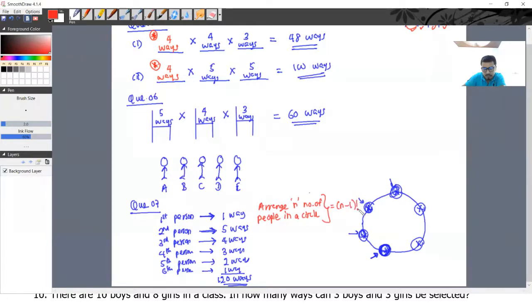If we are going to arrange n number of people in a circle, there should be n minus 1 factorial ways.